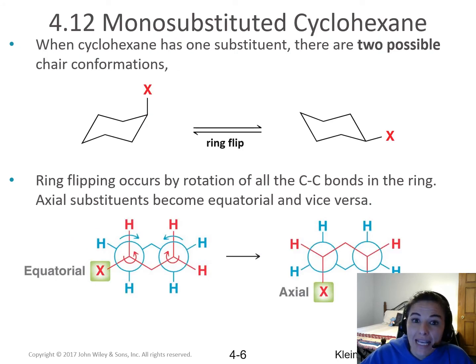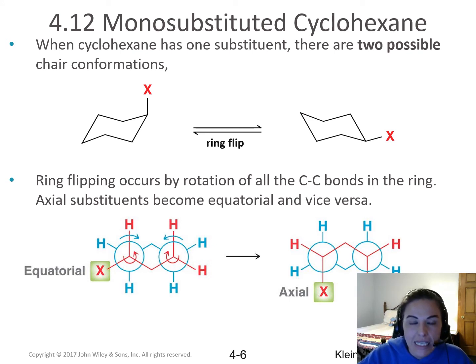Now, when cyclohexane has one substituent, there are 2 possible conformations. You could have your substituent in the axial position or in the equatorial position. Ring flipping occurs by rotating all of the carbon bonds in the ring. When this occurs, axial substituents become equatorial, and anything that was equatorial becomes axial.